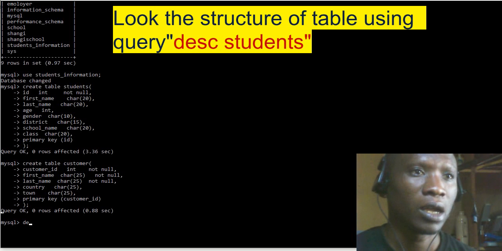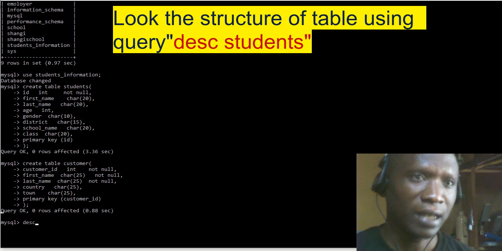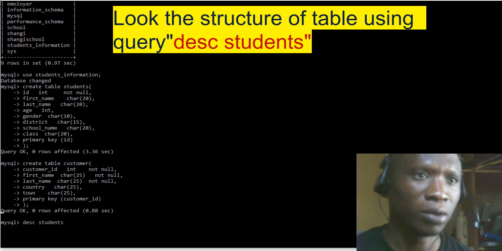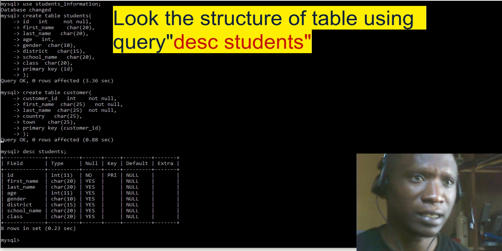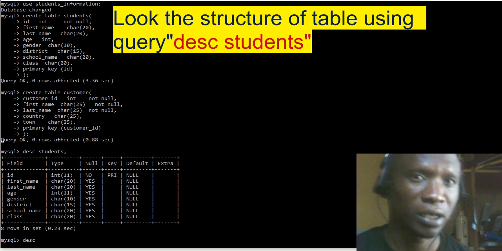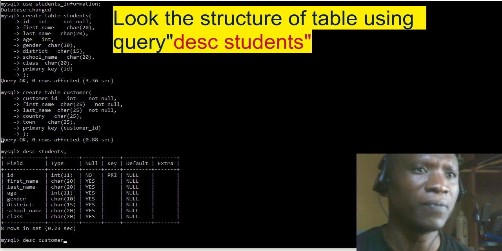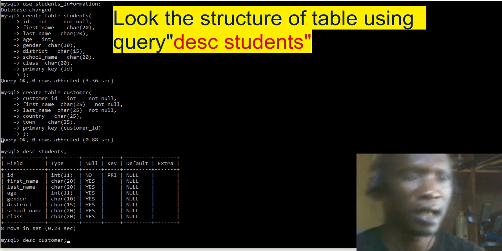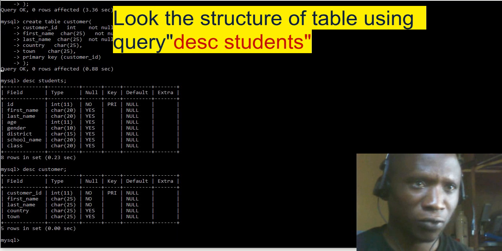Let us see how our tables look, or the structure of our tables. To see the structure of our table, we need to use the query describe student. We need to know the structure of our table. You see that you have field ID, first name, last name, age, gender, and so on. Let us see the structure of customer.